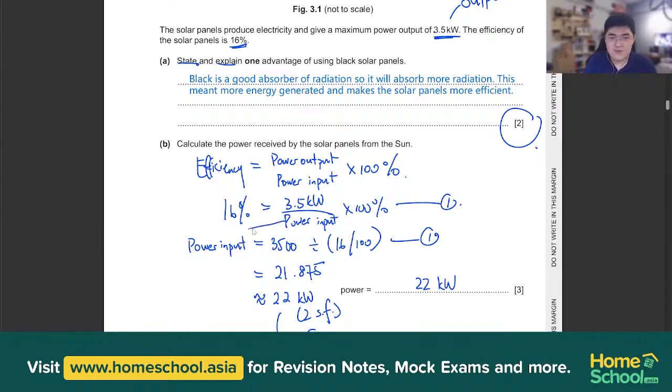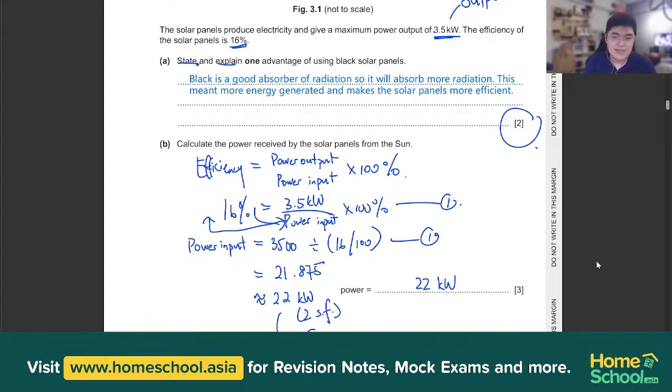So power input goes in here, 16% goes back underneath here. Okay, so that's how you get power input is equal to power output divided by 16 over 100, which is 16%.